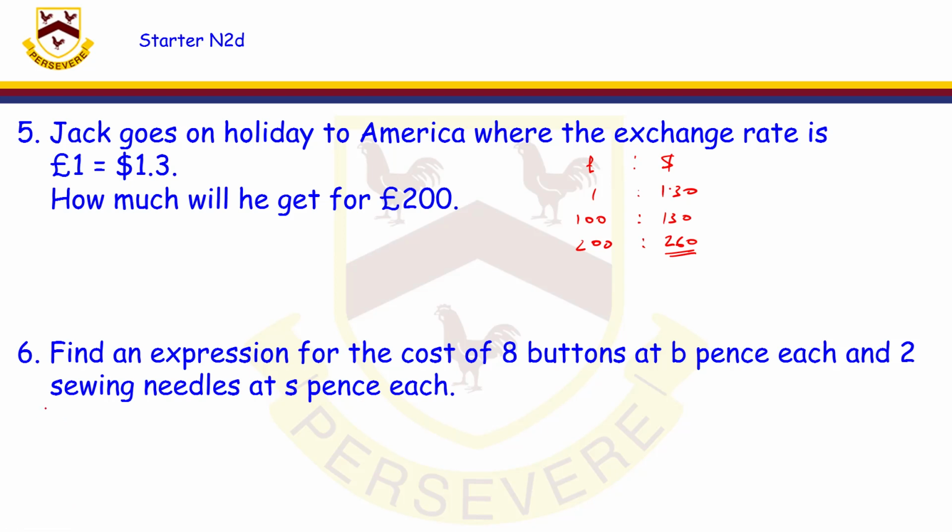And question 6, find an expression for the cost of 8 buttons at B pence each and 2 sewing needles at S pence each. So total cost, it's going to be the buttons cost B pence for 1, so it'll be 8B. And the needles cost S pence for 1, so 2 of them will be 2 times S, plus 2S.